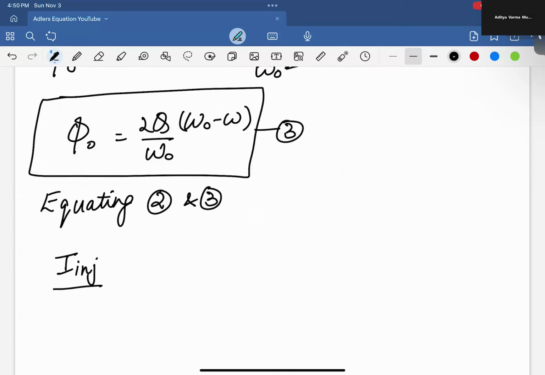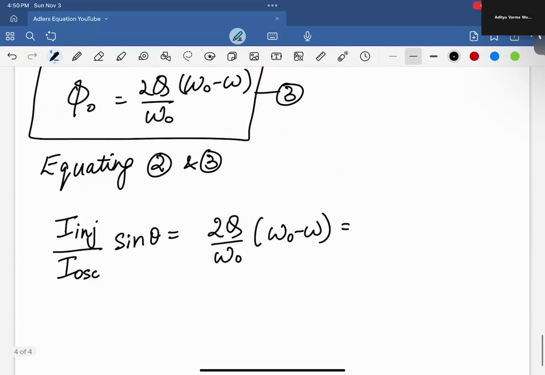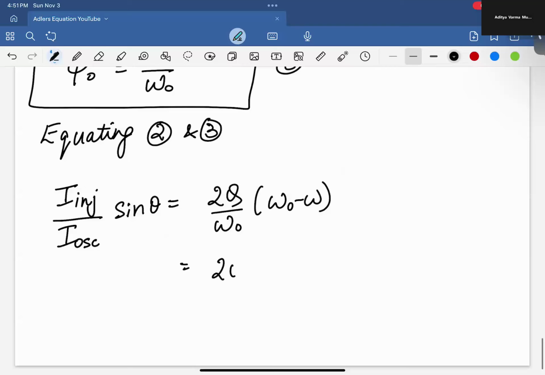What do we get? We get I injection over I oscillation times sine theta is equal to 2q over omega naught times omega naught minus omega, which is, so here's the trick. I can write this as 2q over omega naught times omega naught minus omega injection minus omega injection, right?